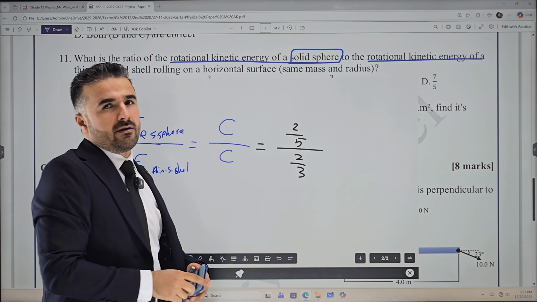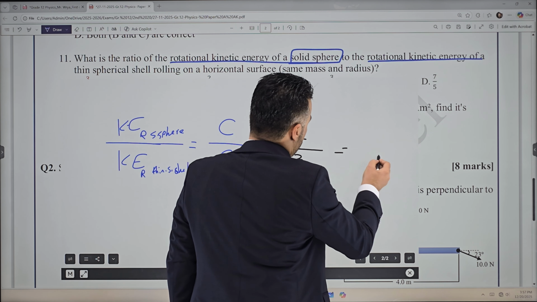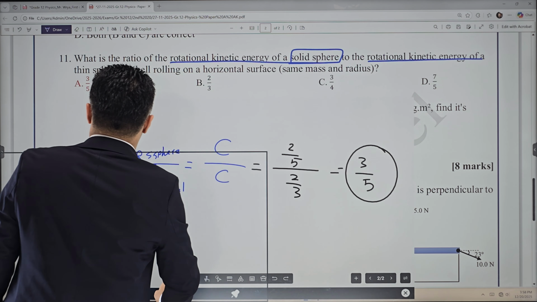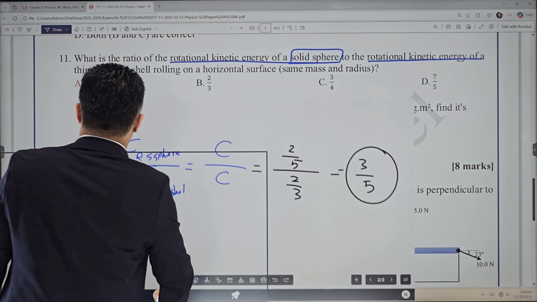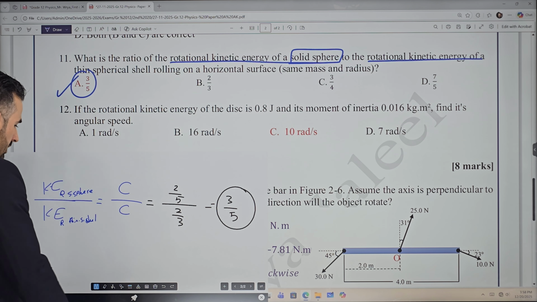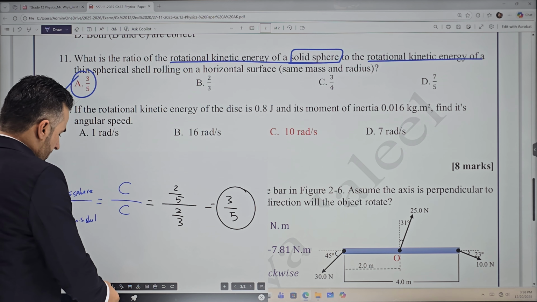That is 2 over 5 divided by 2 over 3. And then, what is the answer? It is 3 over 5. And that is the answer here. So now let's take a look at the options. This is 3 over 5. That is the correct answer. None of these. So this one is also new. I hope you understood how you can do this one.